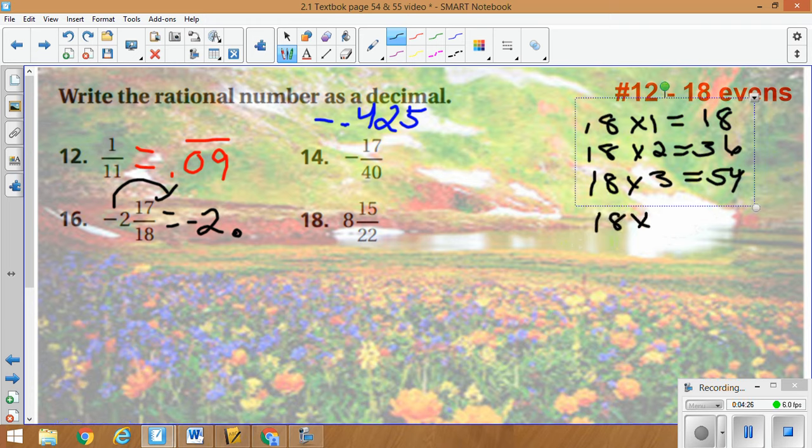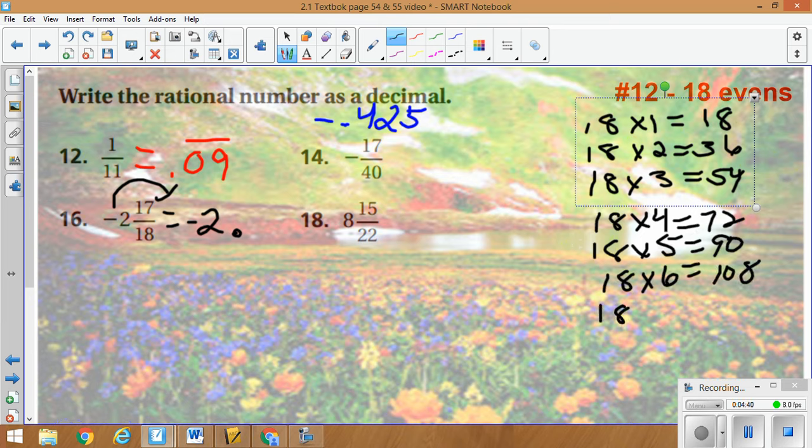Okay, 18 times 4 is 72. 18 times 5 is 90. 18 times 6 is 108. 18 times 7 is 126. 18 times 8 is 144, and 18 times 9 equals 162.